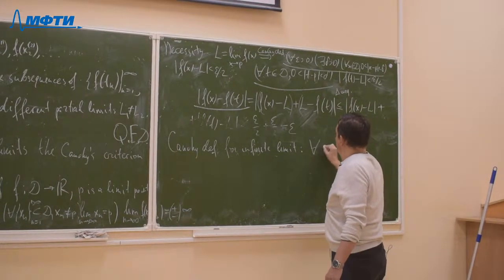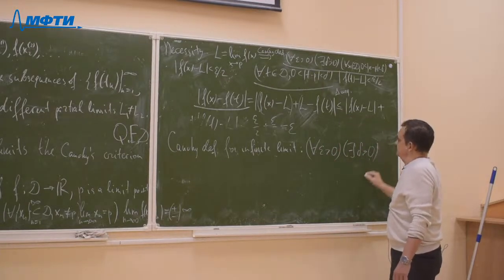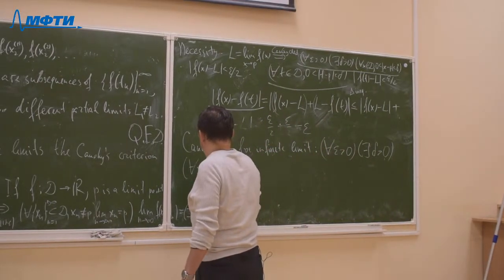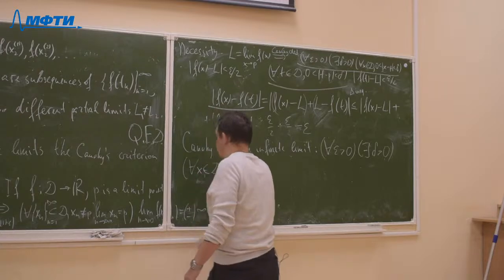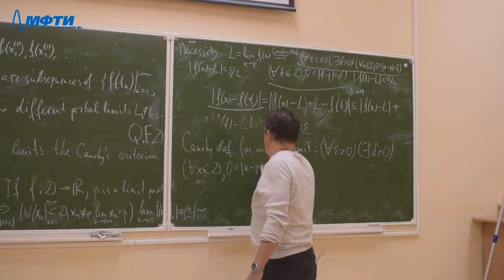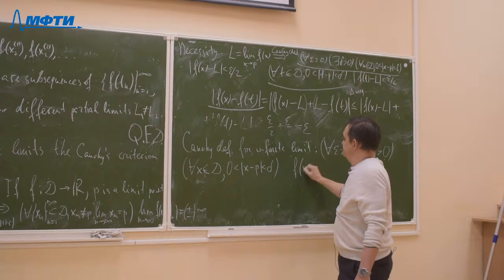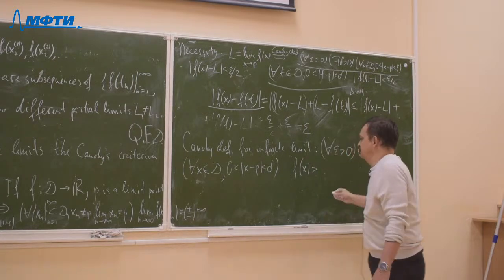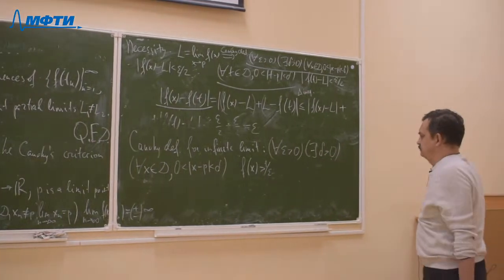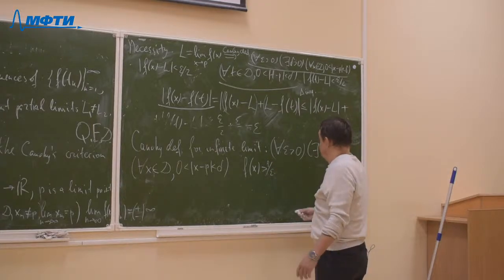For arbitrary epsilon greater than 0, there exists delta greater than 0, such that for all x in D with 0 less than |x minus p| less than delta, we have f of x greater than 1 over epsilon, just to underline the fact that it is large, but of course you can write epsilon, doesn't matter.